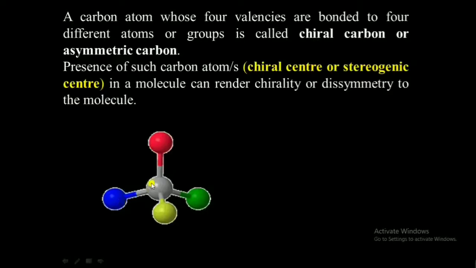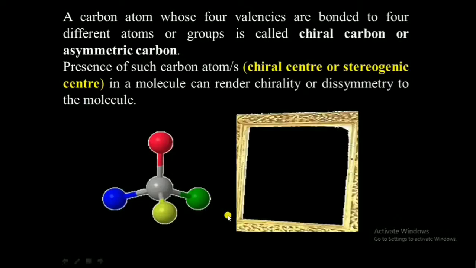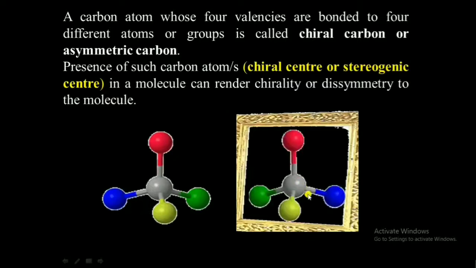Now this carbon atom has 4 valencies satisfied by different groups or atoms. And if I keep a mirror plane and take the reflection of this molecule, it will be like this. You can see that if you try to superimpose this mirror image with this one, you cannot do that. If you take this one and try to place it here, the red ball will match the red ball, and the yellow ball will match the yellow ball, no problem.